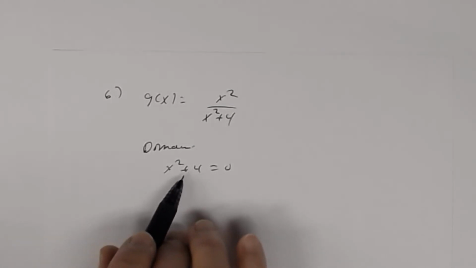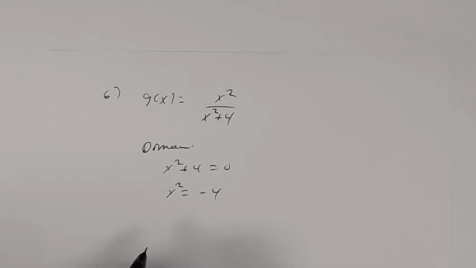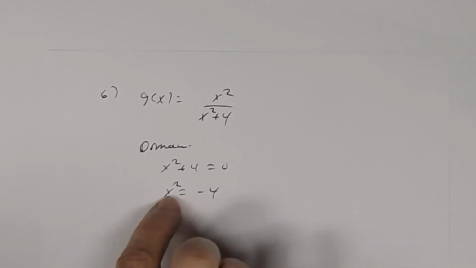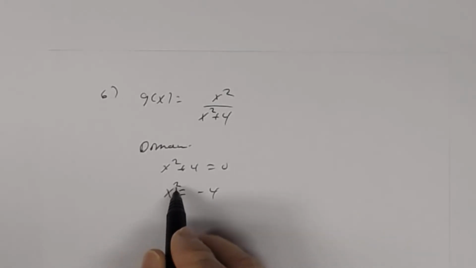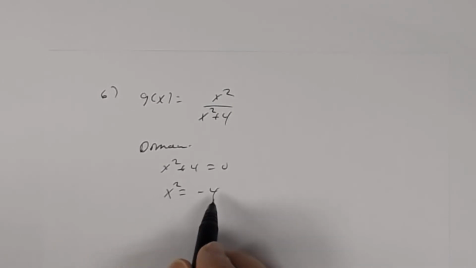Another way you could think about this is this. If you get x squared by itself, you get this, right? And then some of you may go even further and say, I'm going to take the square root of both sides. But even before we do that, I want you to think. Remember, when you square a number, it's either positive or 0. It's never negative.